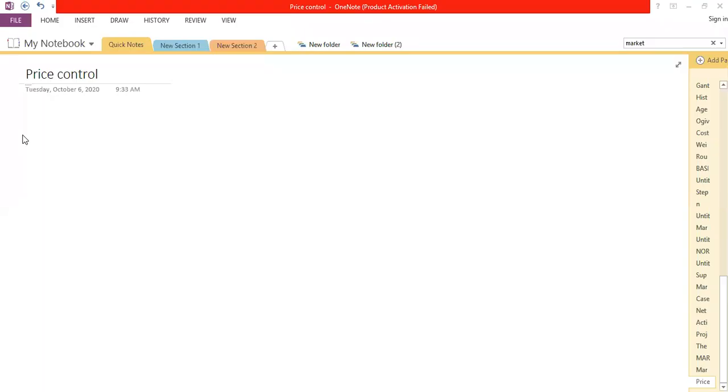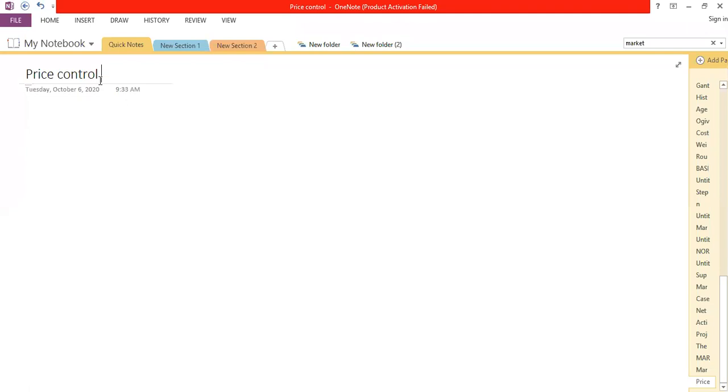So again, I've shared another concept here called price control, and we would first of all want to understand what exactly we mean by this term. Of course, this is a situation where we are not letting the forces of demand and supply take control in the market for a given commodity.